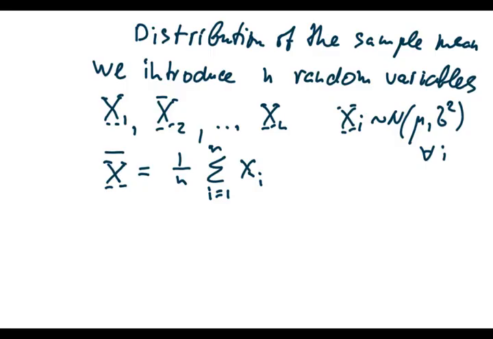Therefore, when we make n observations, we get one value for each of these random variables. All random variables have the same distribution as our original random variable. This is just another way of representing the procedure of making n observations of our original random variable.